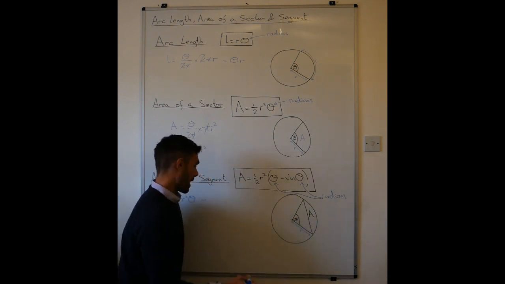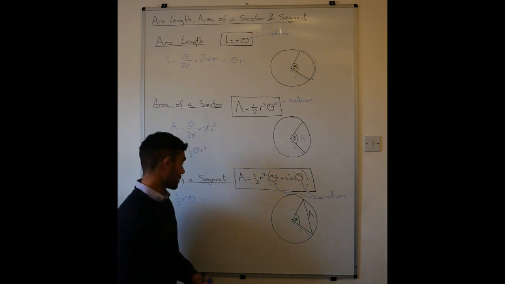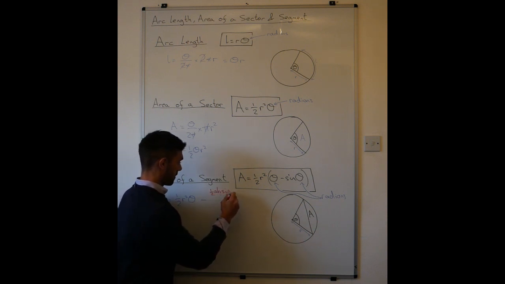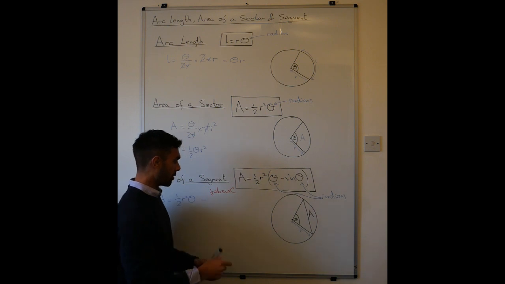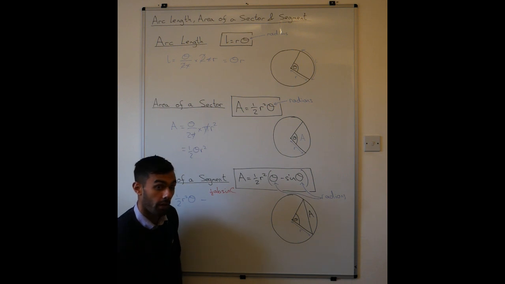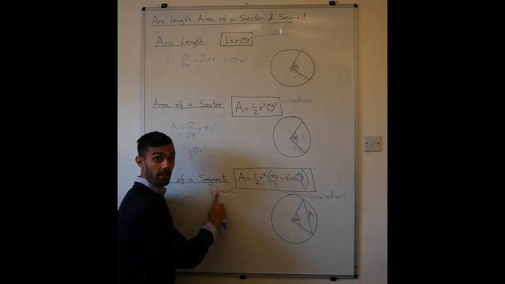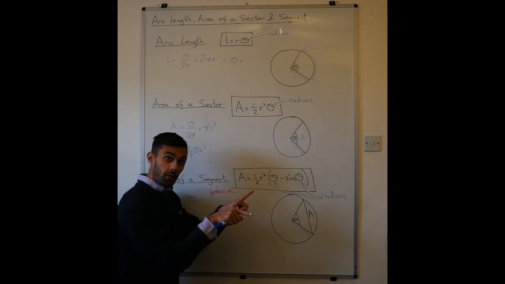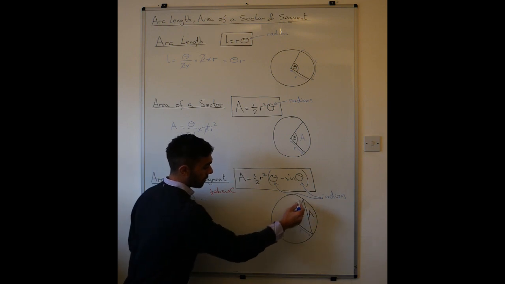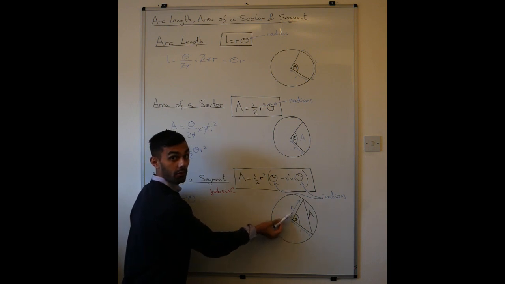Okay, there's a formula for the area of a triangle, which is a half ab sine C. That's the formula for the area of the triangle. So we need to sub the information in here to our formula for the area of a triangle. Okay, a and b, they're two lengths of sides on the triangle. So we've got r and r as the lengths of our sides.